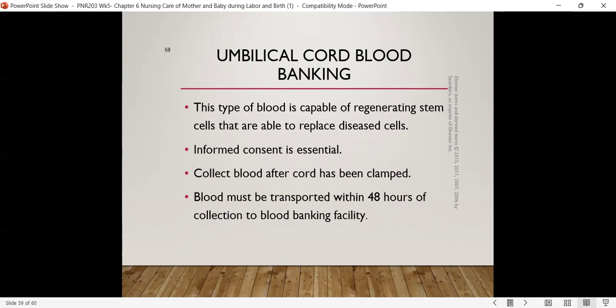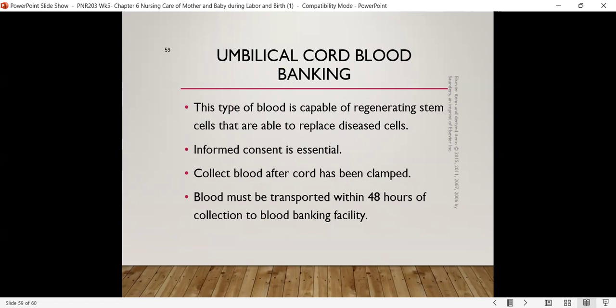It's not cheap. So say, for instance, in my family, we have some blood dyscrasia. So what we did was everybody in the family paid for a year. And if anybody needs those stem cells, they can get them. Now, the further you get away from the actual donor, the baby, the less effective it could be.